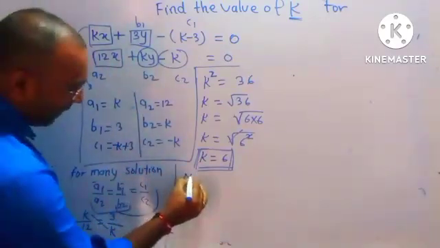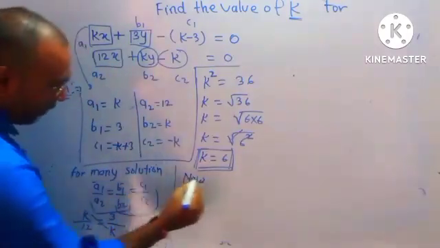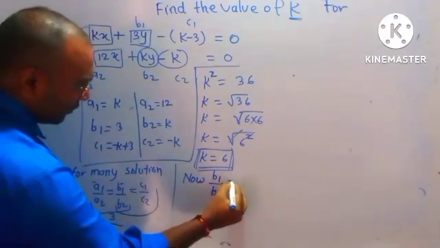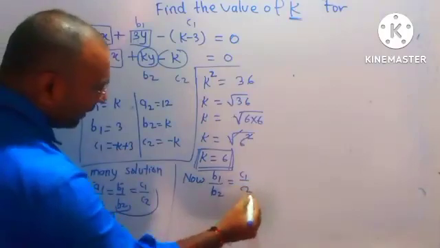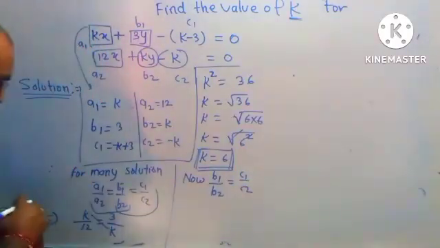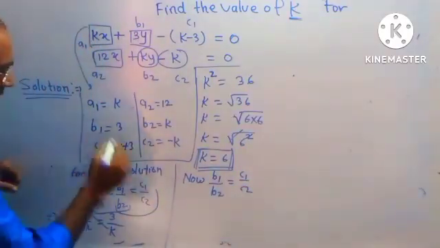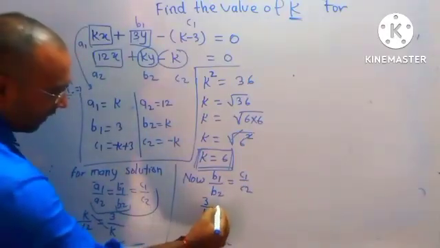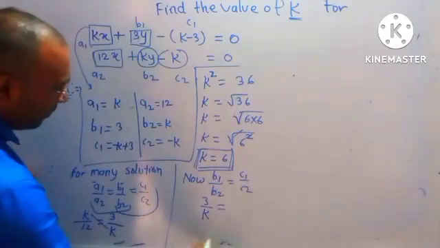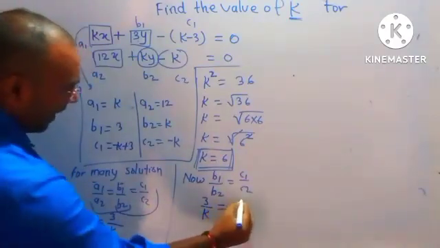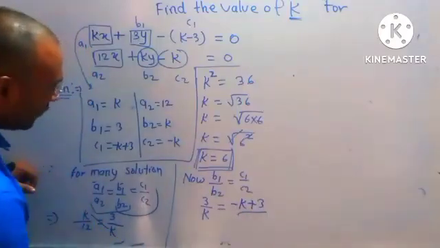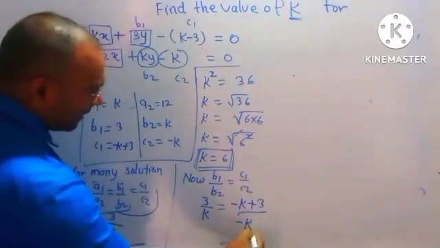So now the second condition: b1 divided by b2 is equal to c1 divided by c2. Substitute the values. 3 divided by k is equal to minus k plus 3 divided by minus k.